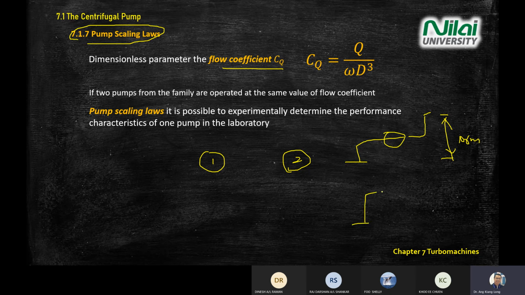Another scenario is that you need to pump water a bit higher, maybe 200 meters. By using this flow coefficient, you can find the more suitable case for pump number 2. If you're using the same company's pump, you can just scale up according to the scenario that you have.